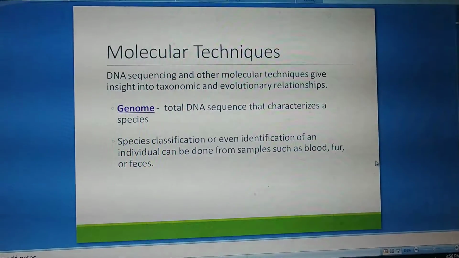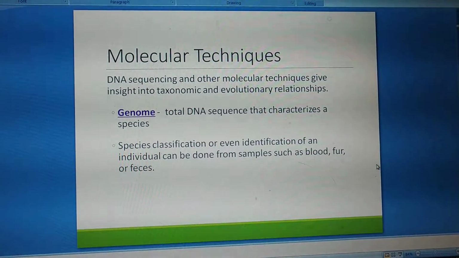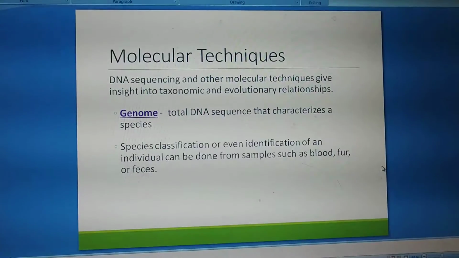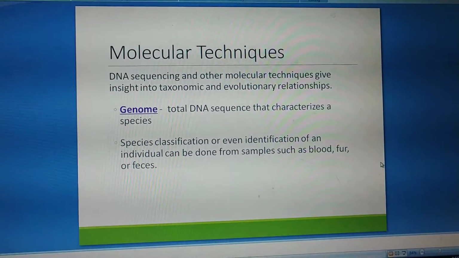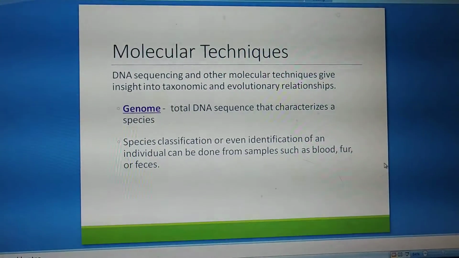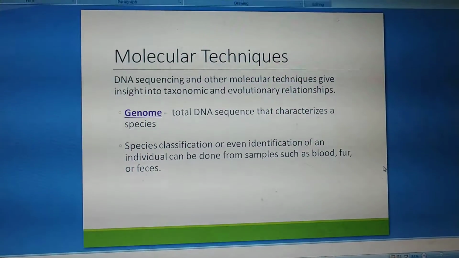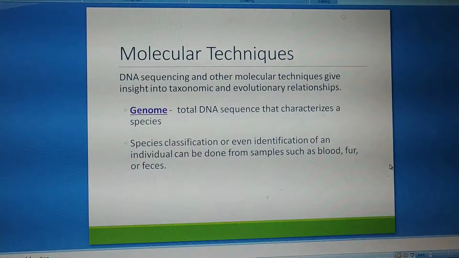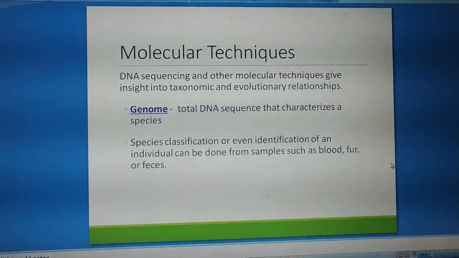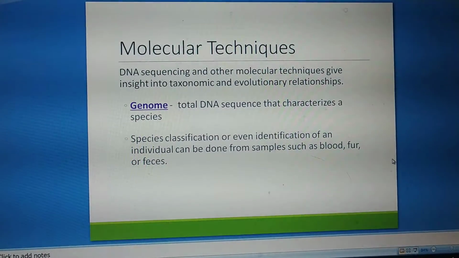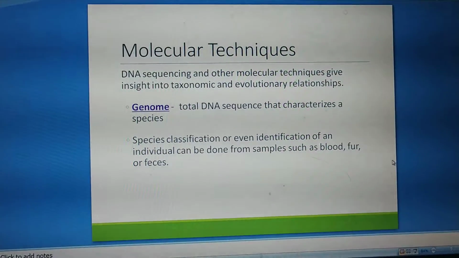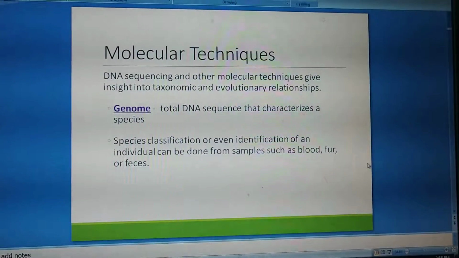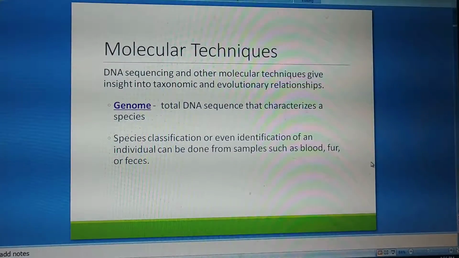If you look at a lot of the workers for, say, Louisiana Fish and Wildlife, those that work with deer and black bears, they don't always track animals specifically by following them with radio collars. They actually will collect what's called scat, and scat is the animal poop, and they can actually identify individual animals based on their poop and know which bear or which deer they're actually talking about.